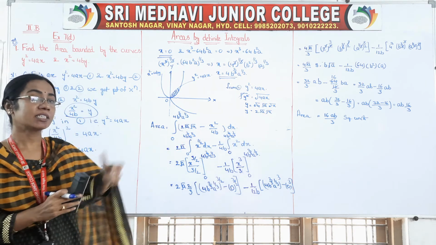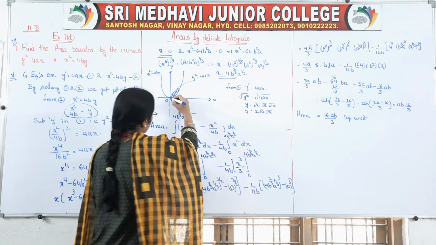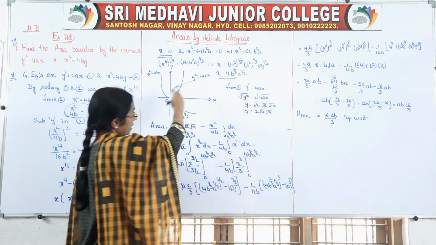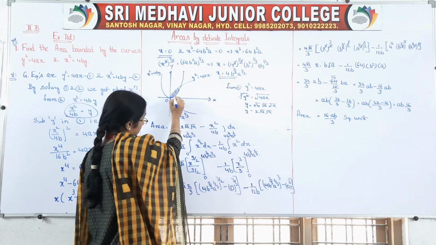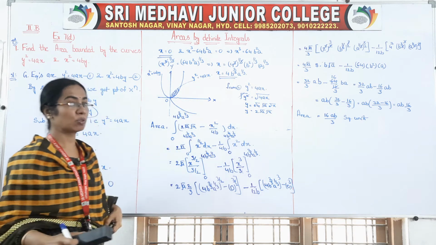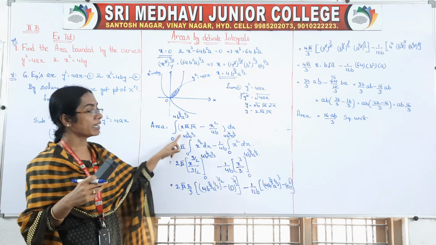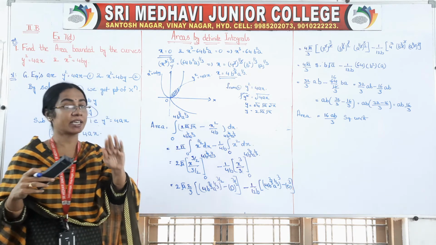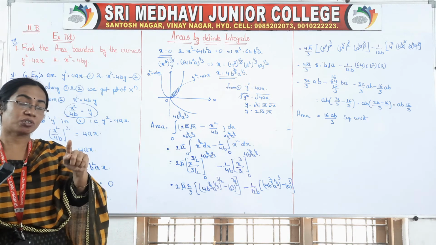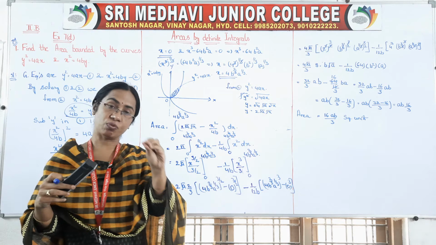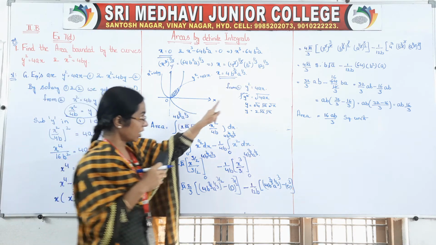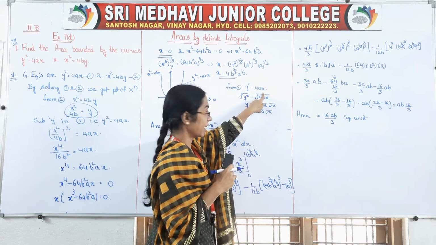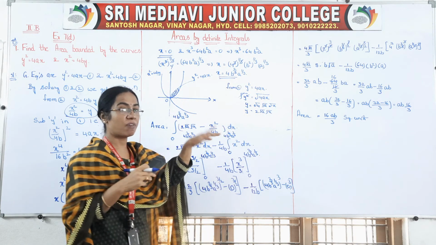After drawing the diagram, you know that y square is equal to 4ax comes upwards, and x square is equal to 4by comes downwards. So while taking the area, we have to take the curve equation as always y is equal to something. But here it is given that y square is equal to 4ax. So try to get your y value.